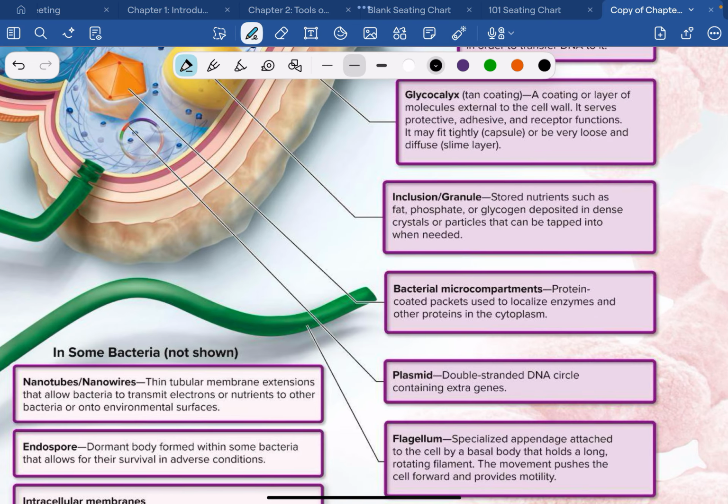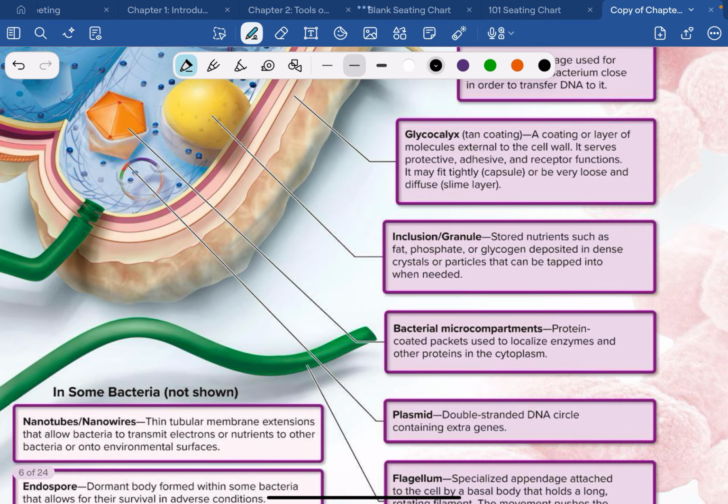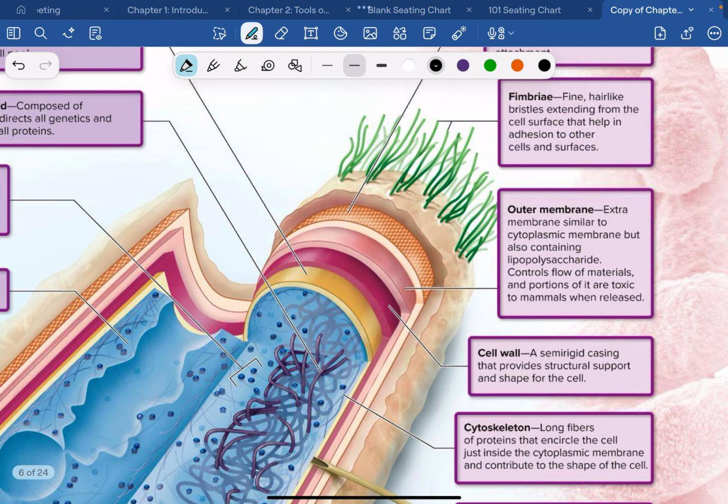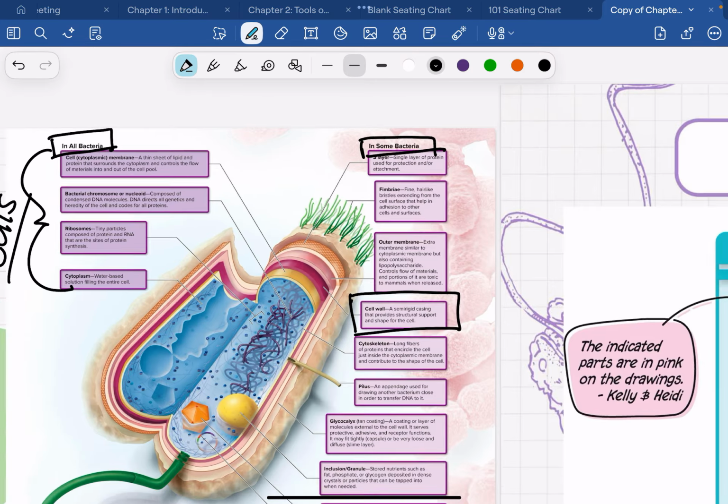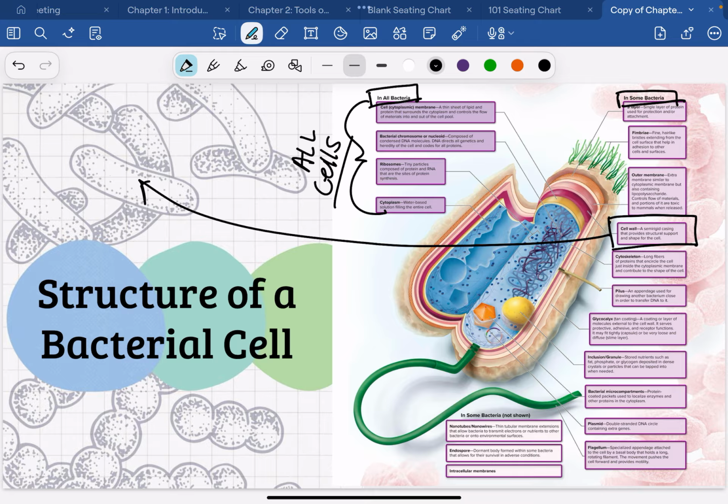I do want to point out specifically a cell wall. The cell wall is a structure that the vast majority of bacteria have. Okay, so not all, we can't say that all bacterial cells have cell walls, but most of them do.